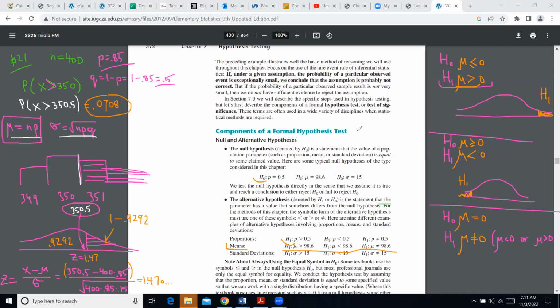And finally, on the last one, we have both greater than and less than 0. So the left side and the right side. So our H1 will be composed of two equal pieces.